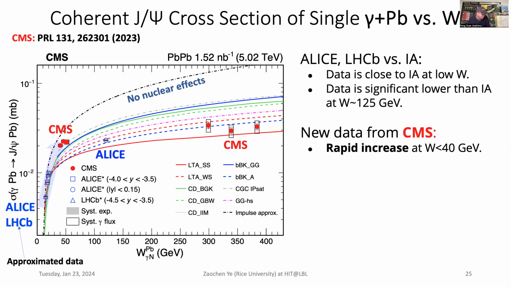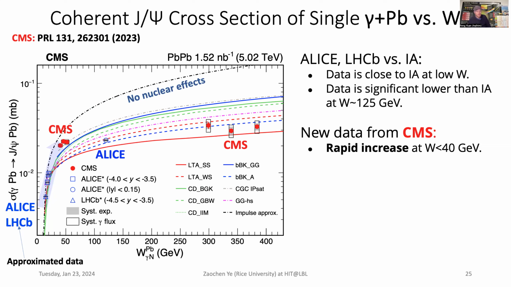I think the theoretical uncertainty in this decomposition, or the extraction of the photon-nuclear collision, is, in my view, definitely underestimated.